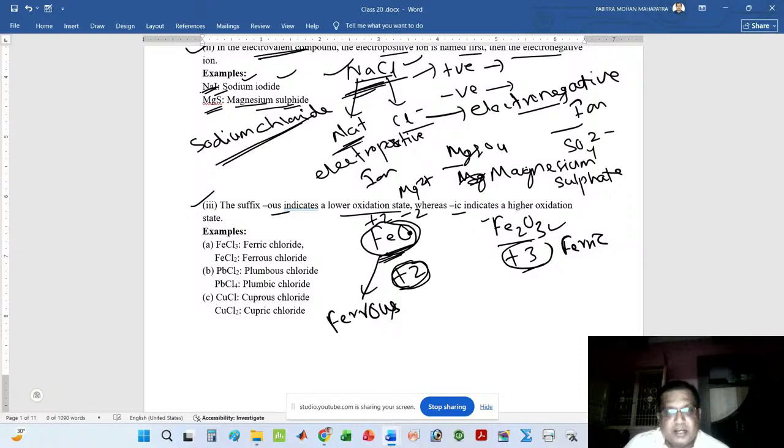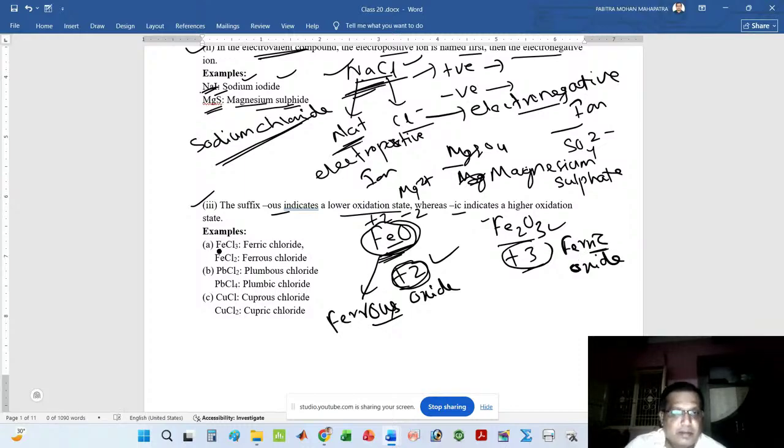Now, what will be the name of these compounds? FeO means ferrous oxide. Fe2O3 means ferric oxide. One is ferrous oxide, another is ferric oxide. From this example, it is clear that the compound which carries the lower oxidation state goes to -ous, and higher oxidation state goes to -ic.